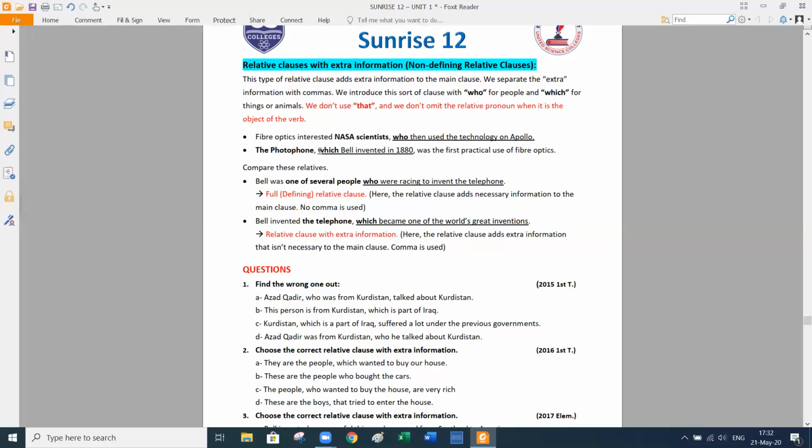If I write "which Bell invented in 1880" after the first sentence is finished, that will be wrong. For example, if I say "the photophone was the first practical use of fiber optics, comma, which Bell invented in 1880," that will be wrong. I need to give the extra information immediately after the noun that the relative clause is giving information about. I hope that's clear. Okay.